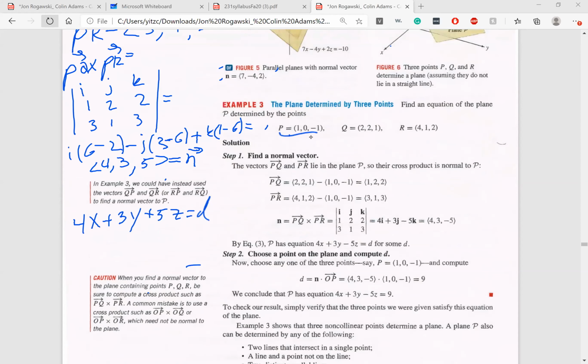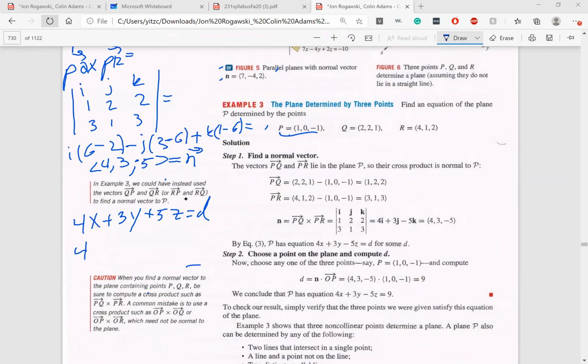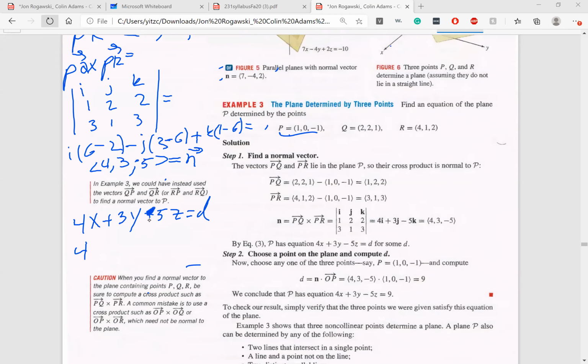And now let's choose the point P to go in here. So this is going to be the 4, negative, plus 5. -5, yeah. Oh, yeah, sorry, this is negative. Thank you.